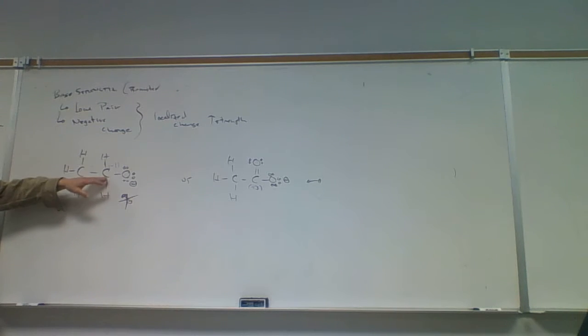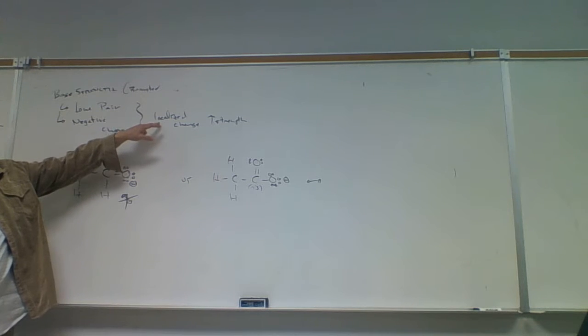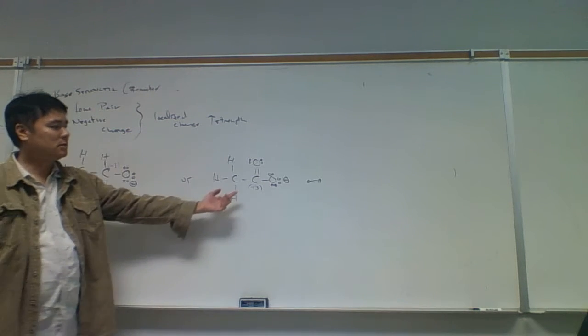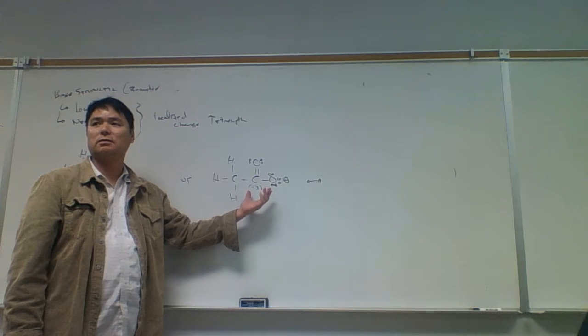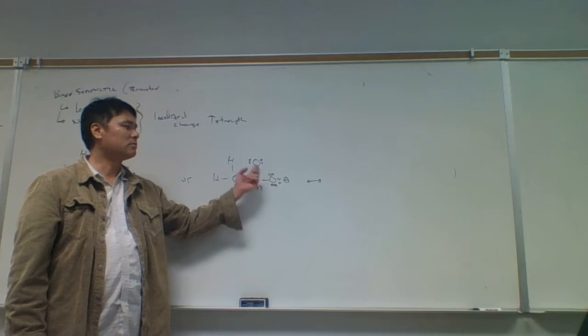It's not really donating any electrons here because carbon really doesn't have any electrons to donate, so I just say electron density pushing group. And so it's pushing the cloud towards this oxygen, making this oxygen more negative or less negative? More negative, which means it's going to be a stronger base. Whereas this one is withdrawing the electron cloud, which means it's going to make this more positive.